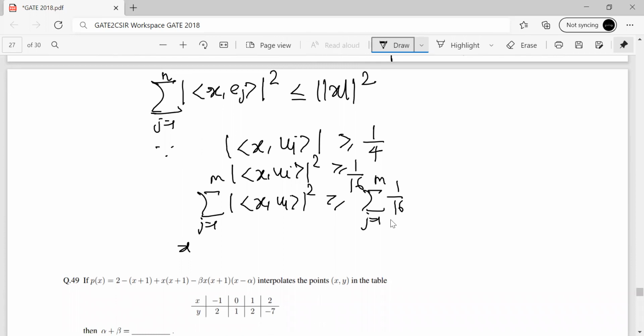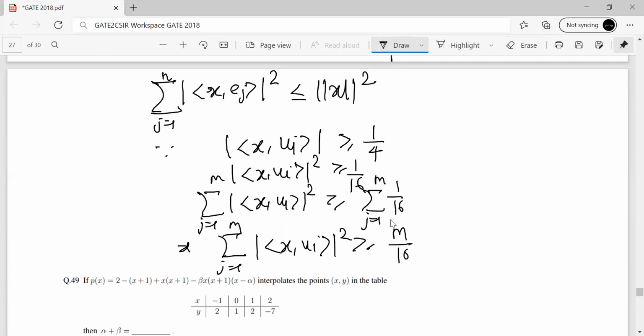Now this one will give me summation j equal to 1 to M of the inner product of x comma ui square. I'm sorry, this is not square inside, it is outside. So this will be outside, and then this will be M by 16.